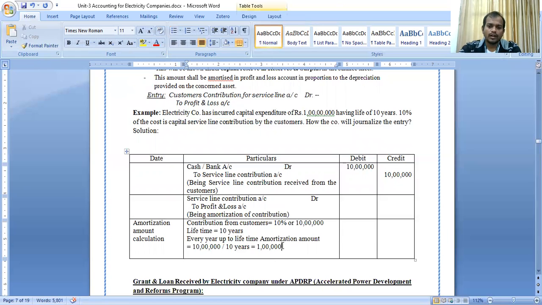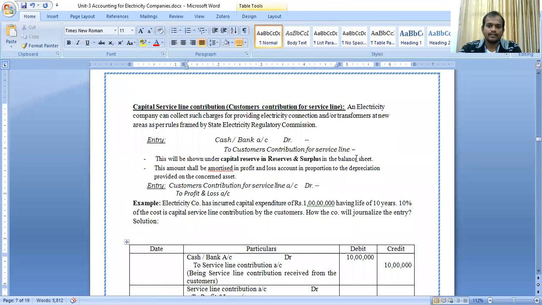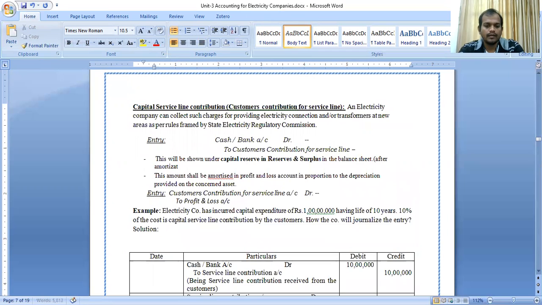After amortizing this 1 lakh rupees, there is still 9 lakhs remaining. What do we have to do with this 9 lakhs? This remaining 9 lakhs we have to show under capital reserve, under the header reserves and surplus in the balance sheet, after amortization.